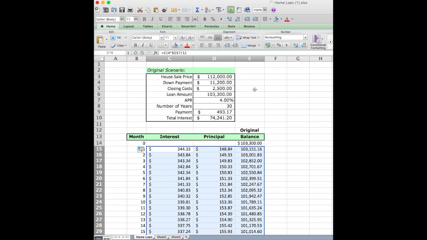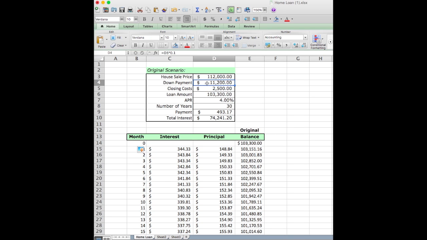Alright, now the nice thing about this is I can make whatever changes I need to. So for example, if I wanted to change the down payment from 10% to 15%, I could simply come up here and type that in as 0.15 instead of 0.10, and I hit enter, and you'll see that it changes the down payment, which changes the loan amount, which changes our monthly payment and the total interest, etc. I could also change the interest rate to say 5%, changes our monthly payment and our total interest.